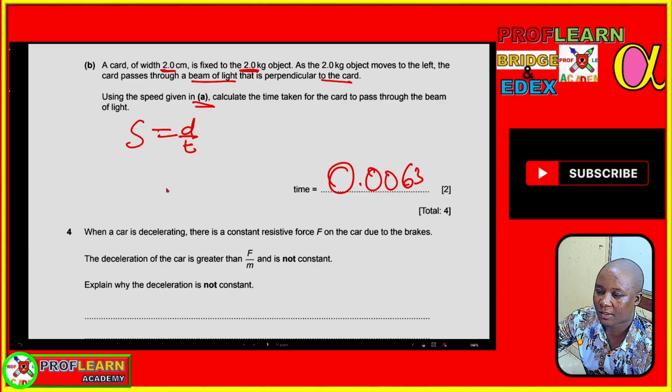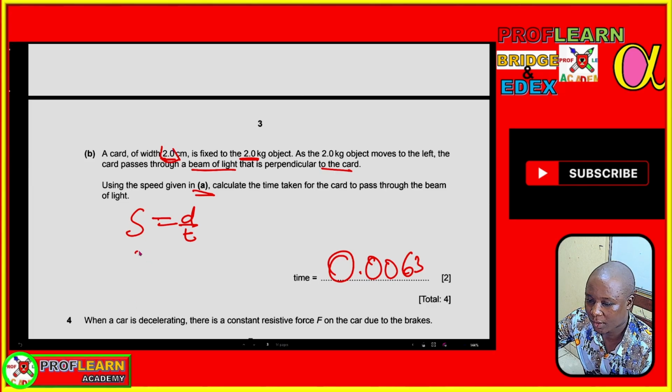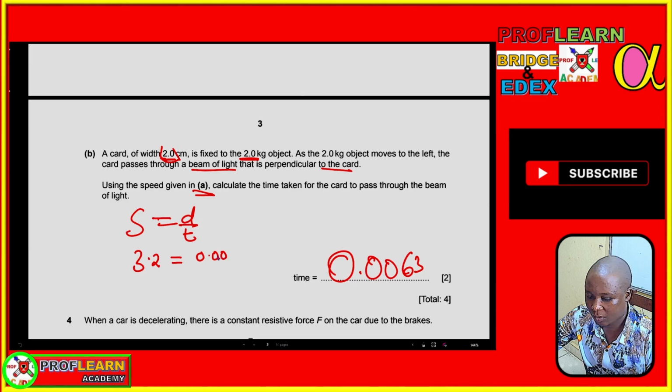and the distance is 2.0 centimeters, then we're going to say 3.2 is equal to the distance, 0.02, divided by the time.